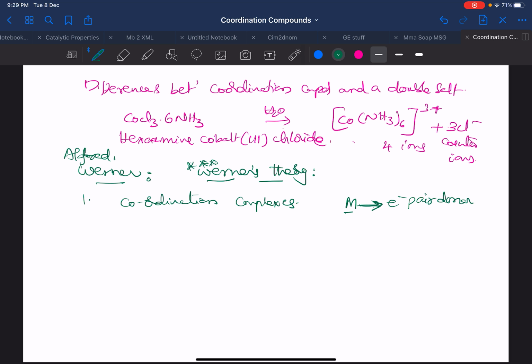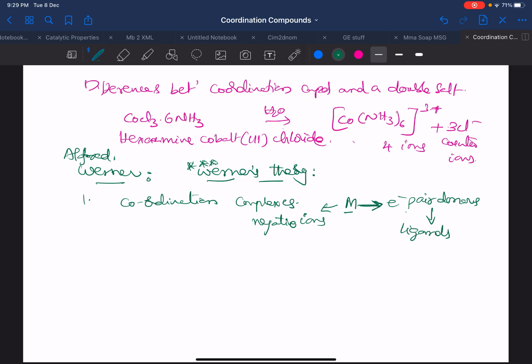Electron pair donors are also called ligands, and then negative ions. So there are three types of bonds present in between the metal and the metal complex and the negative ions.